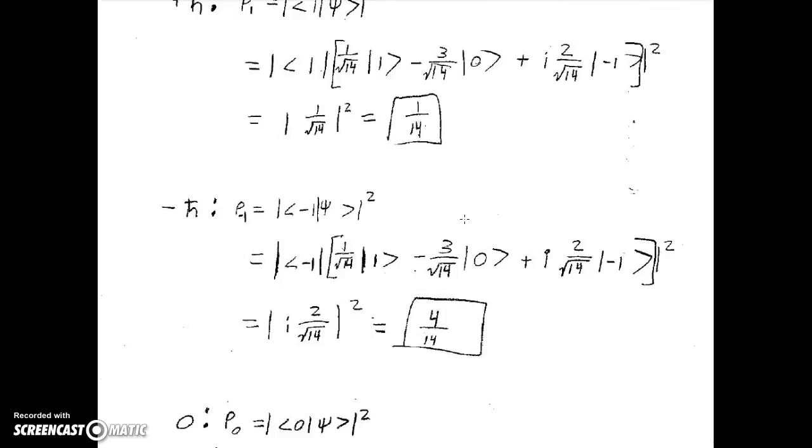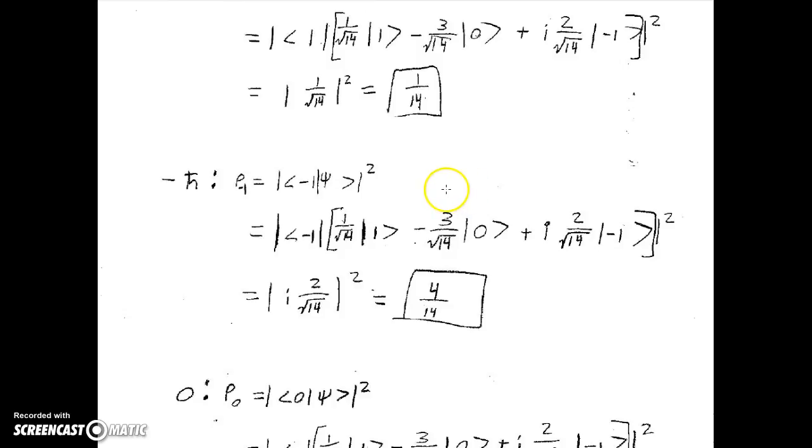And then for the negative 1 as an output, we get the same thing. The only way to get a negative 1 output is with a negative 1 input. So the +1 input and the 0 input both go to 0. And so it becomes I times 2 over square root of 14 squared, and then that becomes 4 over 14.